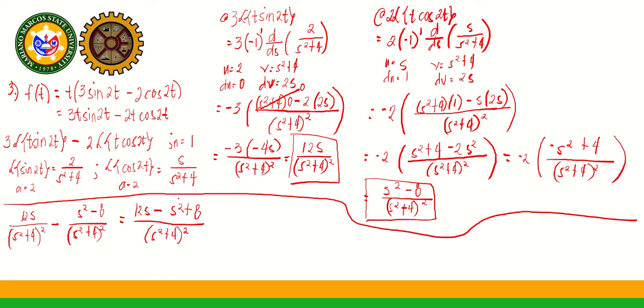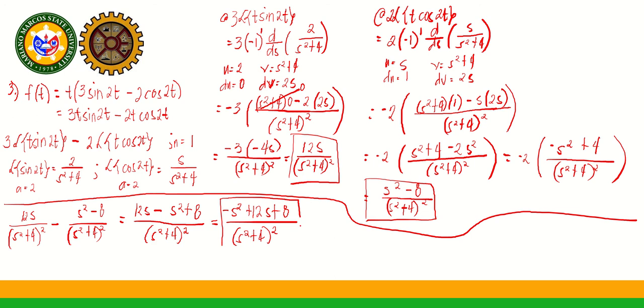And then, pwede namang ito na yung final answer ninyo. However, i-arrange na lang natin to into the quadratic equation. Okay, so this will be equal to negative s squared plus 12s plus 8, over s squared plus 4 quantity squared.